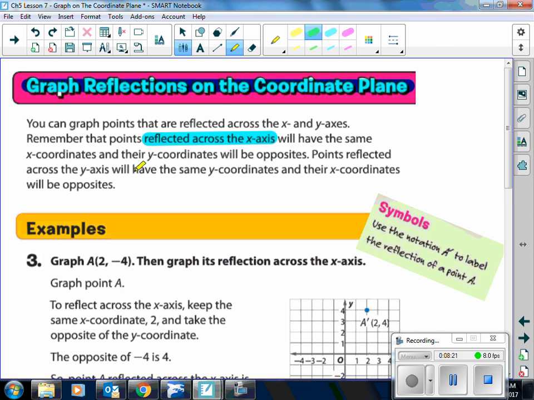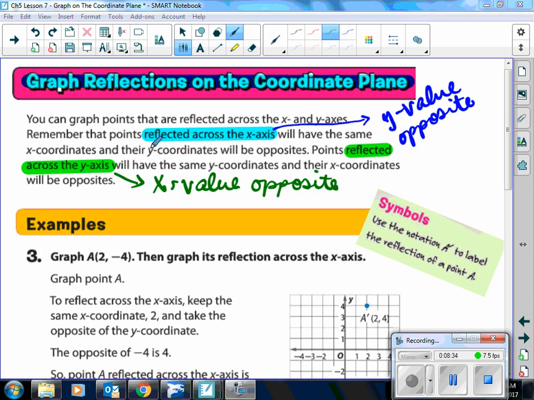If we are reflecting across the y-axis, the x value becomes the opposite. Very good. Let's write that down. So when we reflect over the x-axis, the y value becomes the opposite, and when we reflect over the y-axis, the x value becomes the opposite.